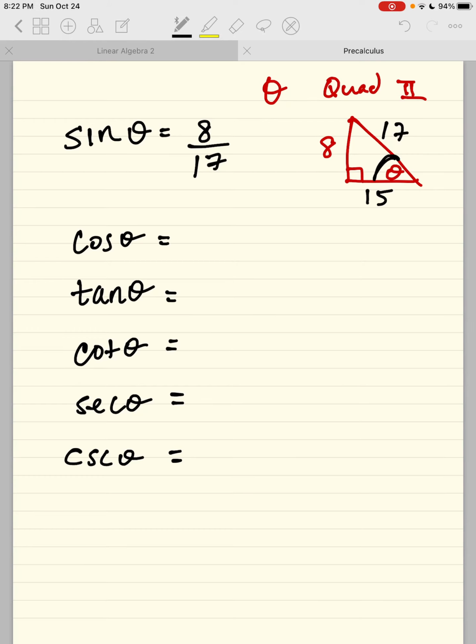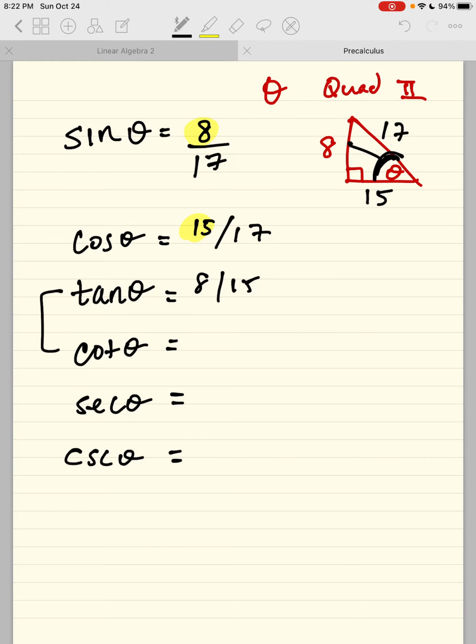Great. How do we find the cosine? Adjacent over hypotenuse. How do we find tangent? I wouldn't even use my triangle. Do you guys remember? Sine divided by cosine makes tangent. So all I'm going to do is take the top over the top. Or you can say opposite over adjacent.